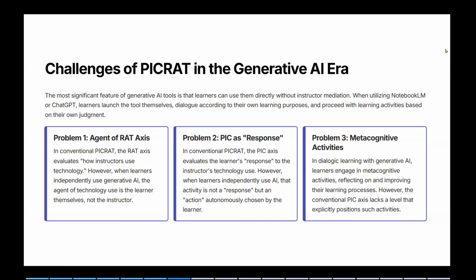Problem 2: students are not just responding. In the old model, students respond to teachers' design, but now students act independently. Problem 3: missing metacognitive activities. Students think about how they learn. The old model does not capture this.